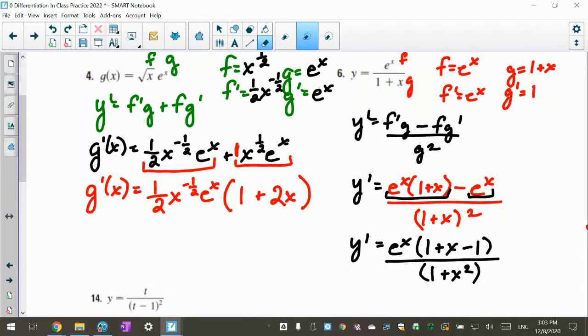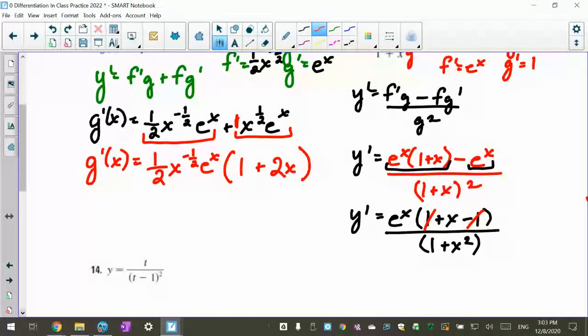And then I look at it here and say, oh, thank goodness, these cancel. So now this is 1 plus x squared, so that squared should be on the outside. Sorry about that, guys. All right, so now I have y prime is x e to the x all over 1 plus x squared. Okay, so that's how we would write that one.